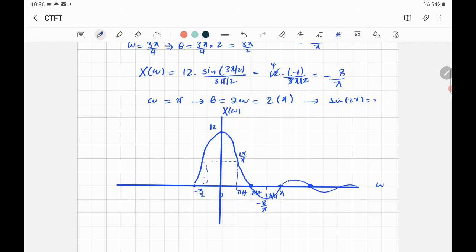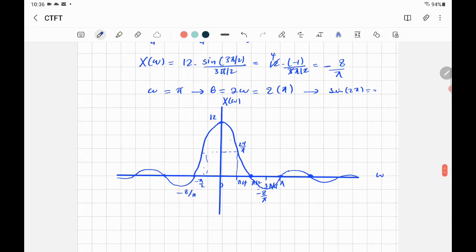And it'll be 0 here again, the same value. We're going to sketch just the same value, negative 8 over pi, and decreasing the same thing. So this will be the X of omega. And you observe here, it can give you the amplitude of X of omega at every single value of omega you choose, not discrete.